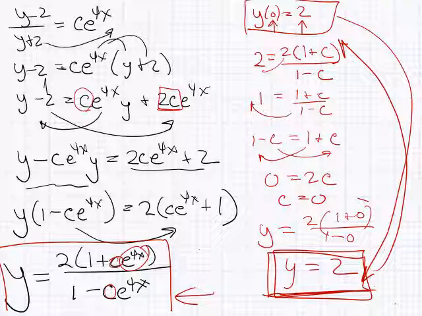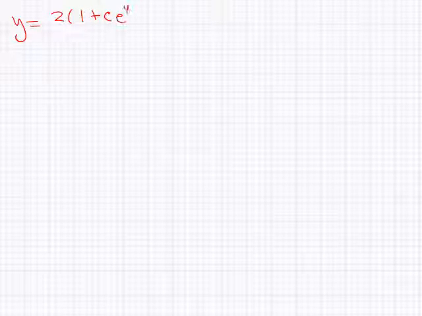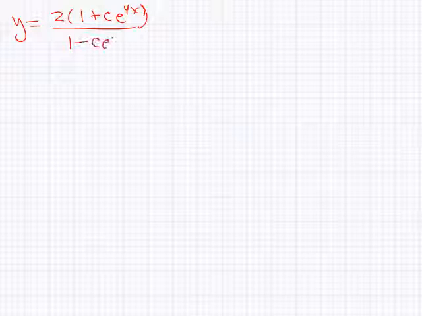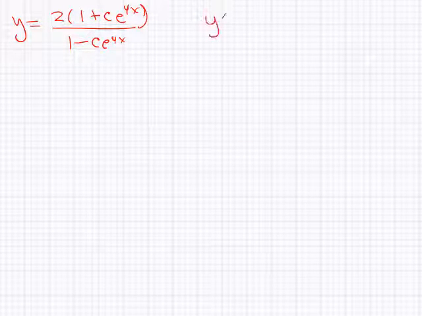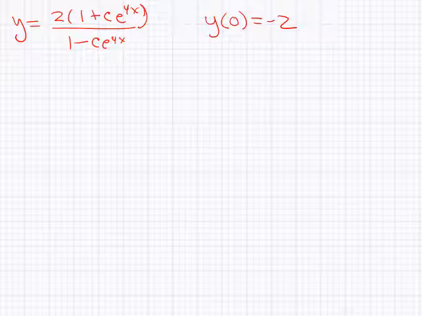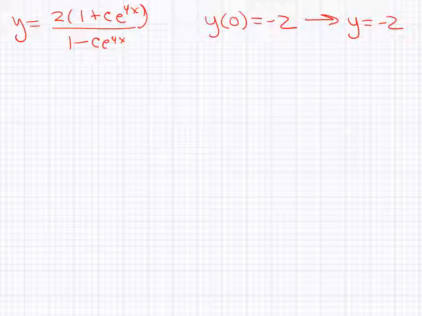However, let's look at the other condition that I threw in there as well, the other initial value problem of y of 0 equals negative 2. So we had y equals 2 times 1 plus c e to the 4x over 1 minus c e to the 4x. We now have this initial value of y of 0 equals negative 2, which we hope would pop out this y equals negative 2 solution. Problem is it doesn't.